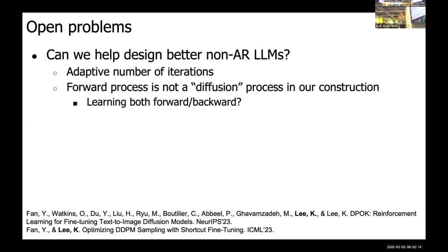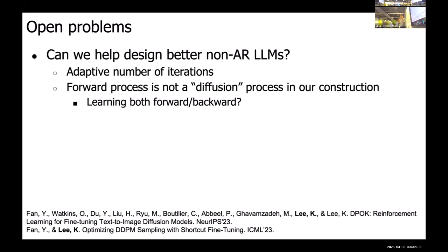I'm learning a lot from reading old papers, because apparently NLP people have looked at so many different ways of doing non-AR generation. But from our perspective, the key takeaway from our work is that we need an adaptive number of iterations in diffusion language models as well. Also, if you look at the way we construct our algorithms, there's no diffusion happening.